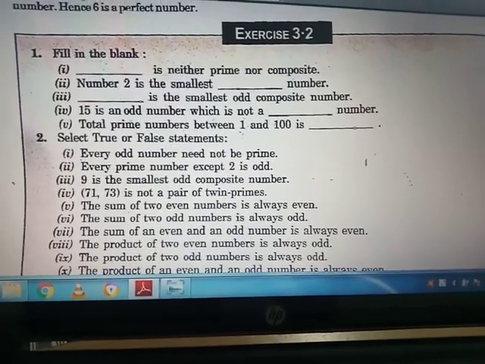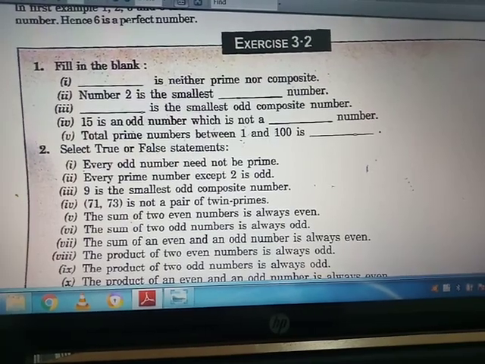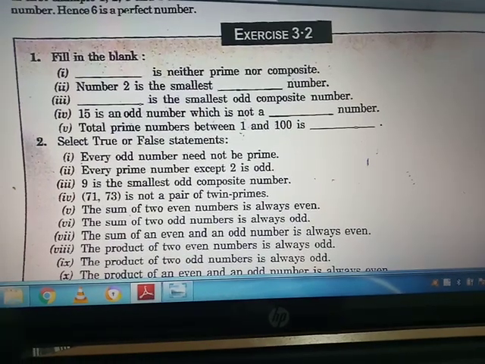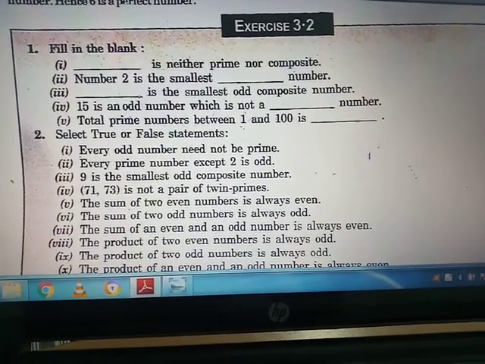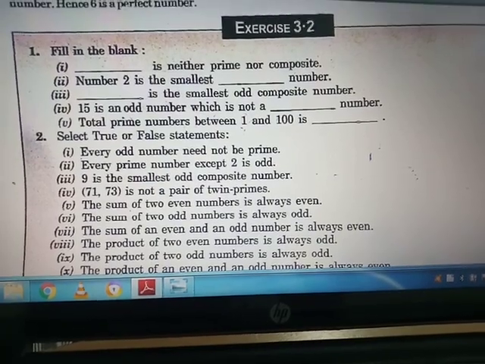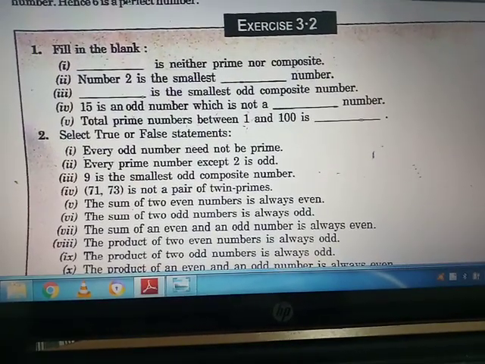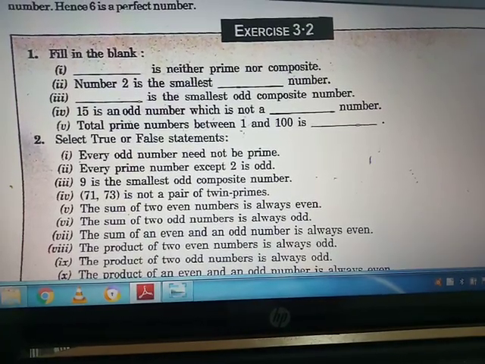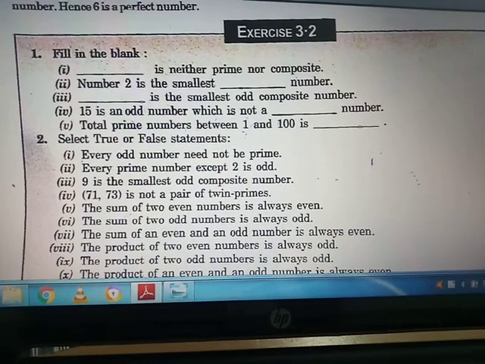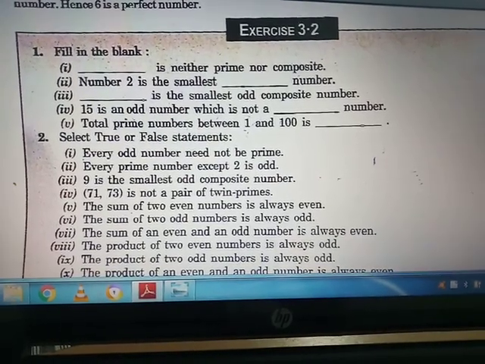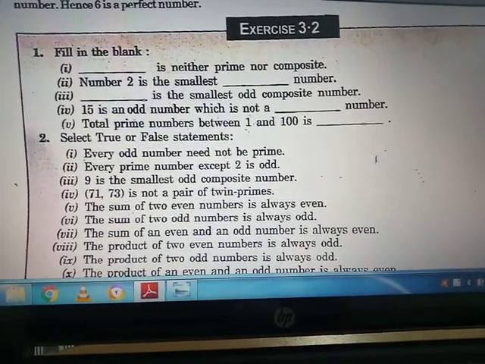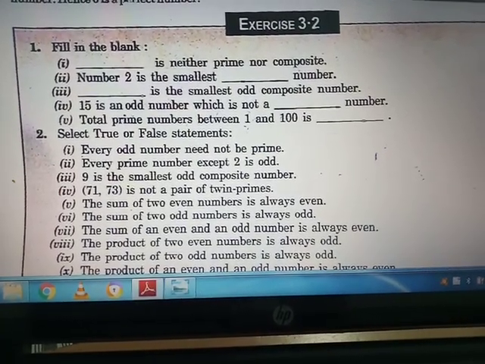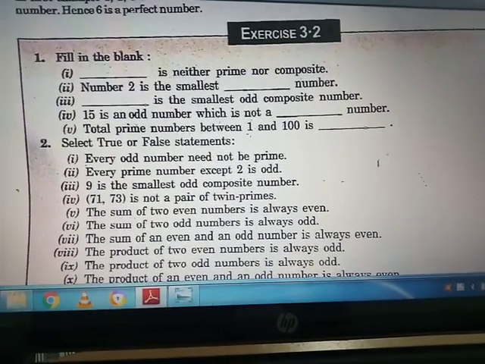In the second, 2 is the smallest prime number, because 2 has 1 and 2 as factors, and there is no number less than 2 which could be prime. 2 has only one number smaller than it, that is 1, and 1 is not a prime number, so we will consider 2 as the smallest prime number.